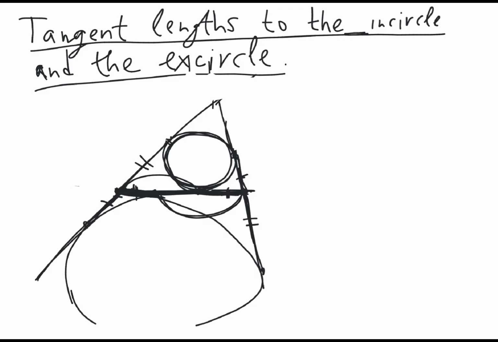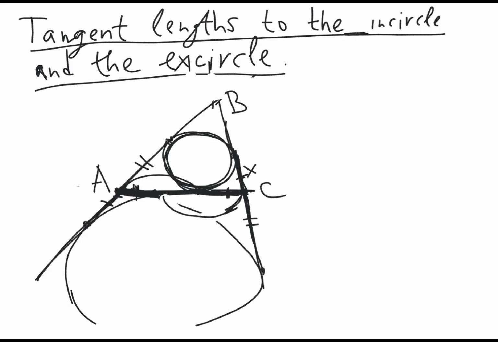Let's denote the triangle as ABC and the tangency points. Well, we don't even need to denote the tangency points. Let's just denote this segment by X. Okay, let's denote the tangency points.